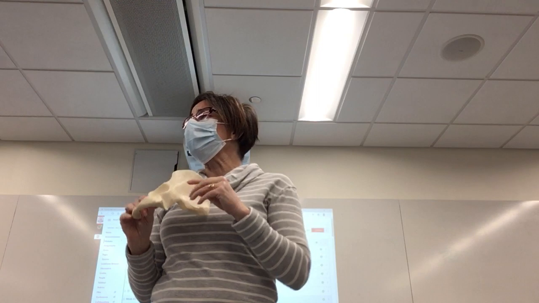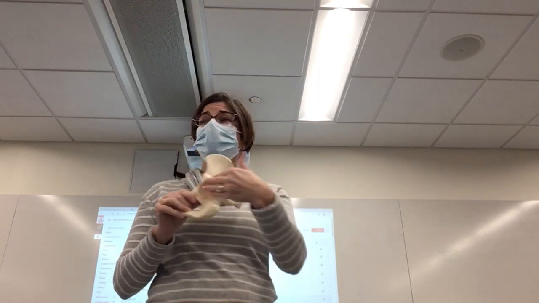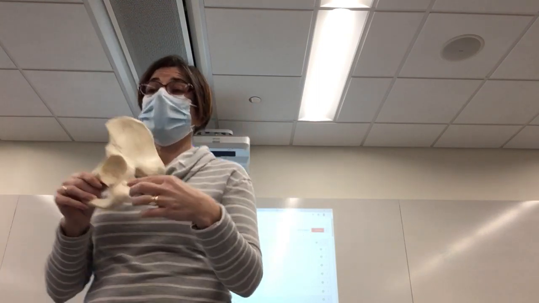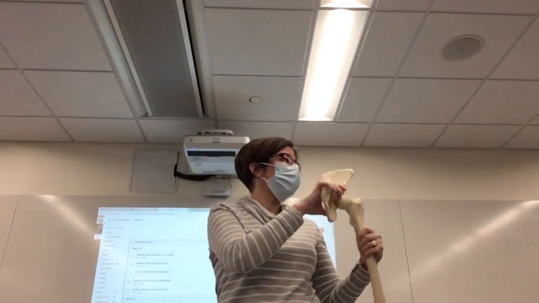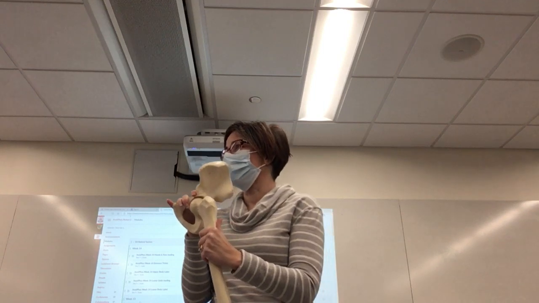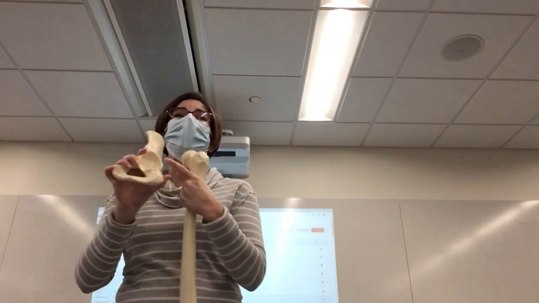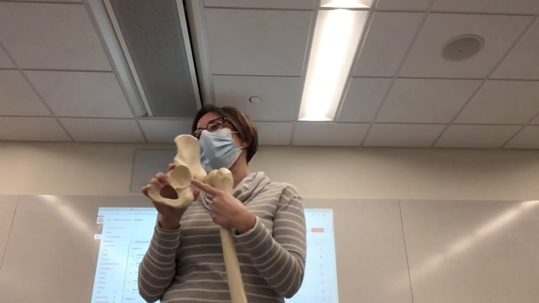Now, the other really, really important feature of this is this socket, okay? The socket for a ball and socket joint is where the head of the femur fits. The socket is called the acetabulum.